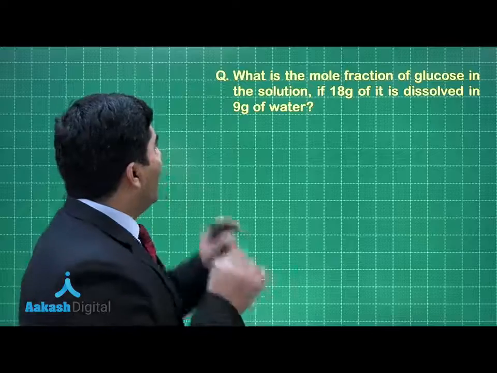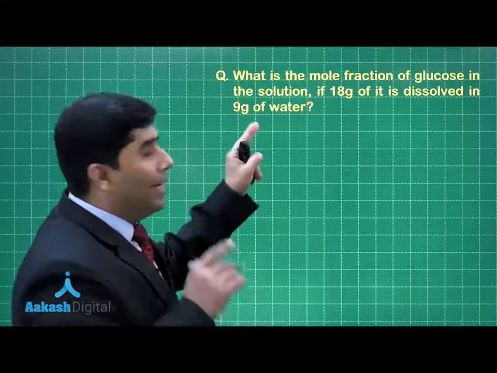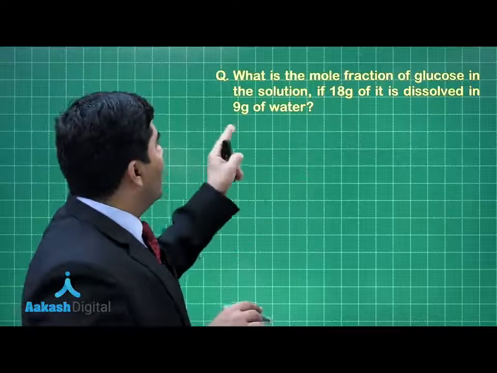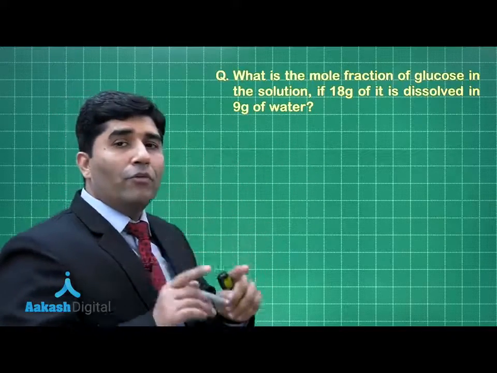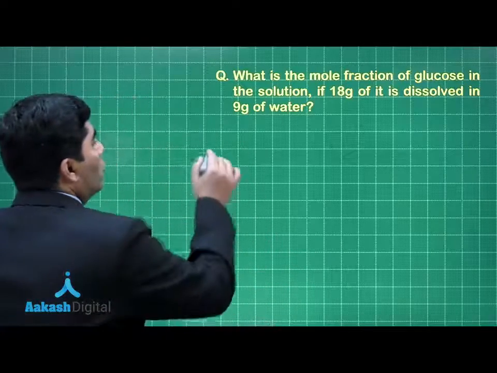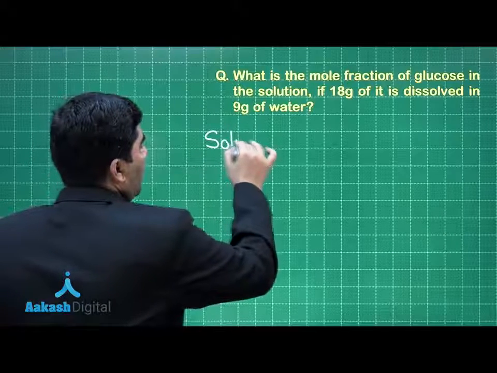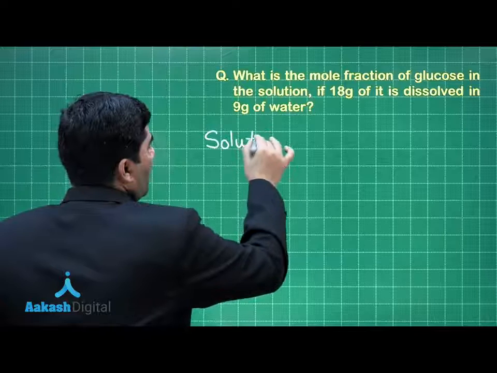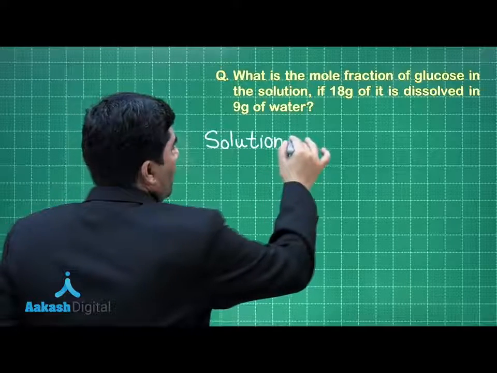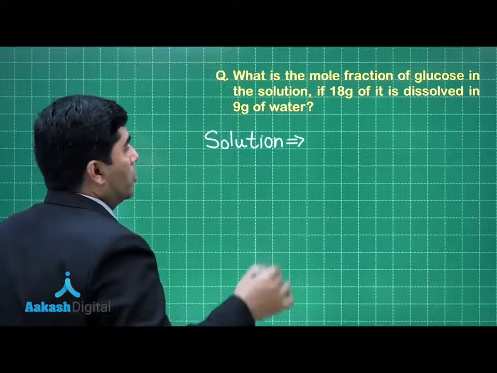Now, in this question they are asking, what is the mole fraction of glucose in the solution? It means that glucose is the solute. If 18 grams of it is dissolved in 9 grams of water, first we have to find the number of moles of both of them. So the solution will be: first we have to find the number of moles.